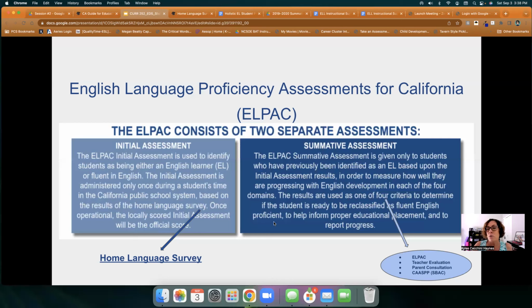Teacher evaluation, they will reach out to the teachers and find out anecdotally how the student is performing in class, particularly in their ELA class, right? There's also parent consultation. Does the parent feel like the student is ready to be exited?